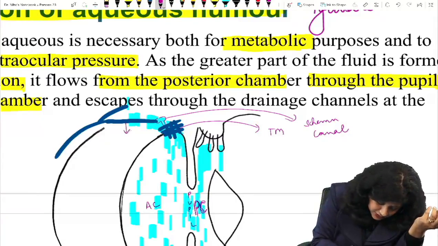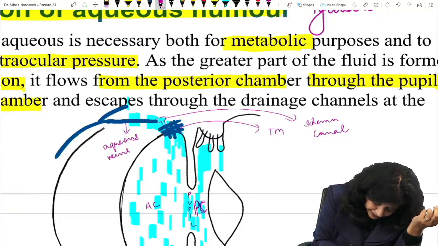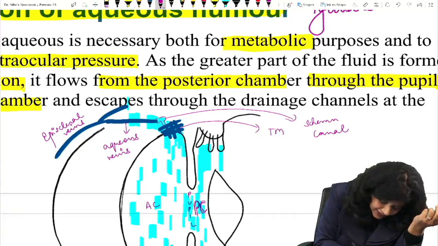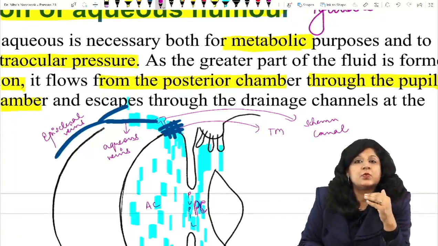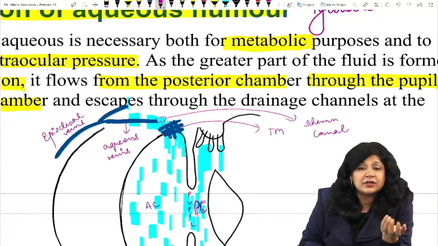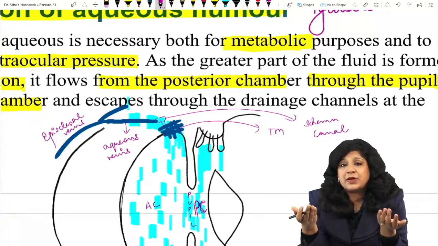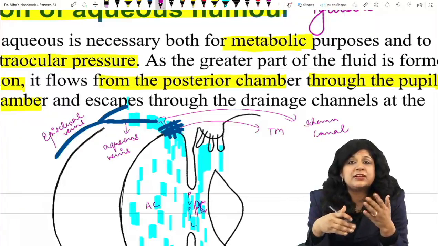So this is your aqueous veins here, and this is your episcleral veins, right? And that is why, when episcleral veins have a high pressure, with increased episcleral venous pressure, it leads to reverse changes.